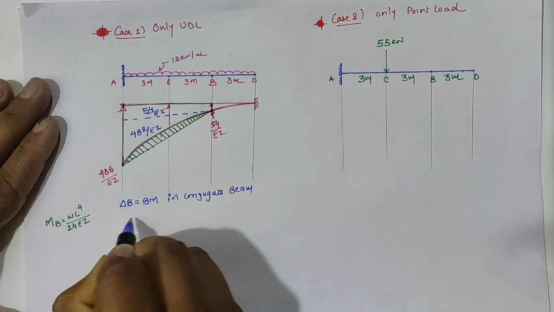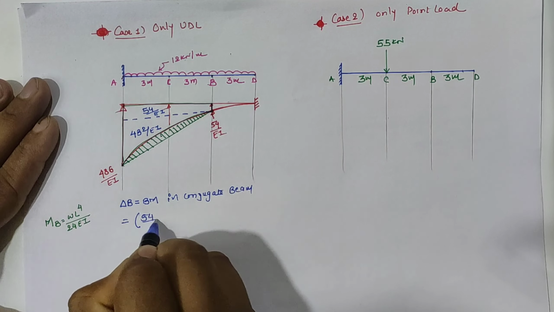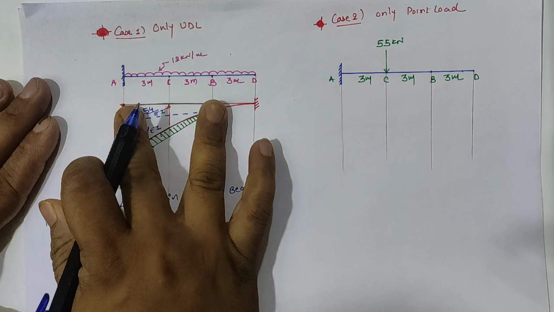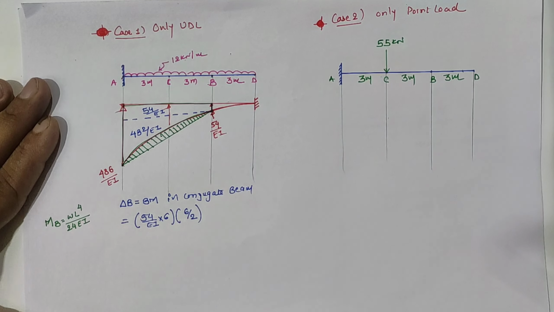So let us take the value of delta B, which can be solved by the bending moment in the conjugate beam at B. Now for the 54 by EI value, it is 54 by EI into the distance 6 meter, and the CG distance is at 6 by 2.